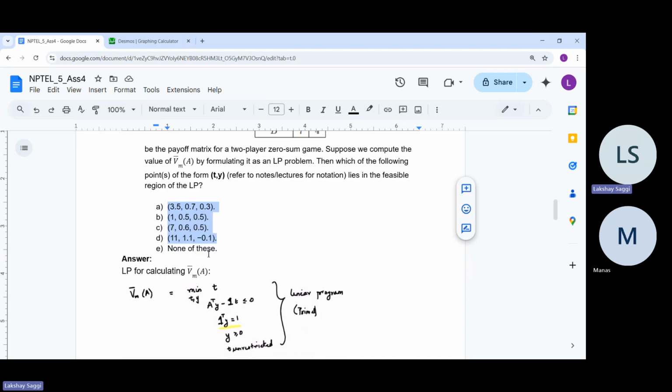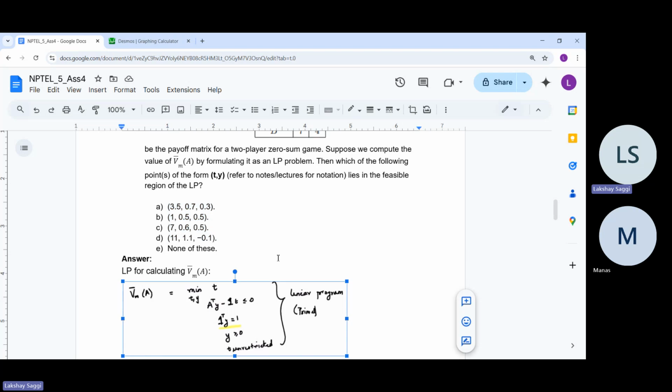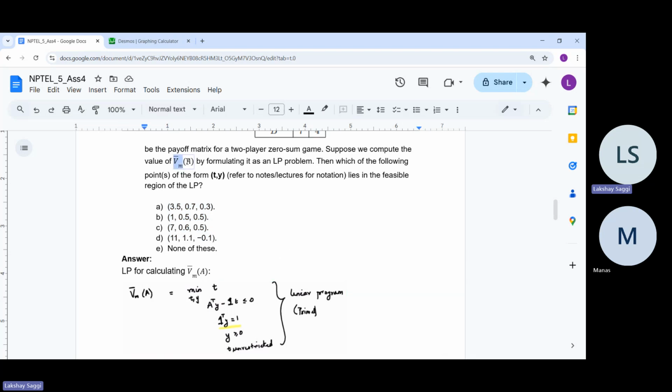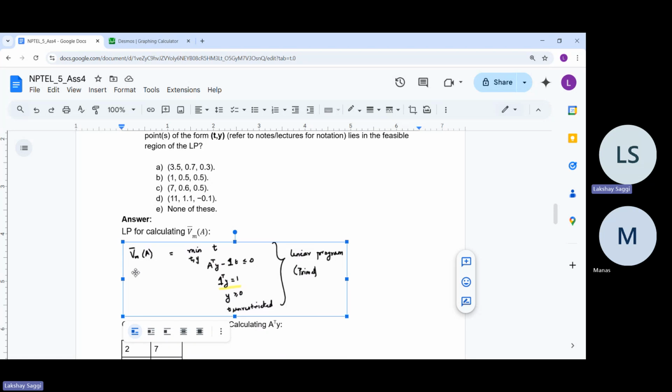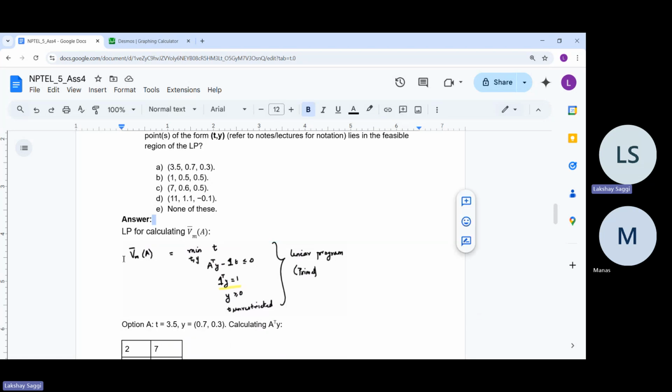The linear program which we want to check for feasibility is nothing but the linear program which was discussed in the lectures. If we want to find out the value of v bar m of A, we just want to use this kind of linear program formulation. This was already discussed in the lecture. V bar m of A is nothing but the min max over all mixed strategies, and it comes out to be equal to this linear program.